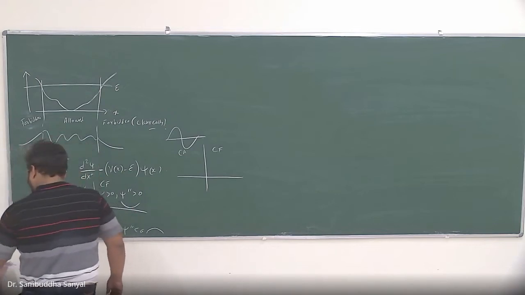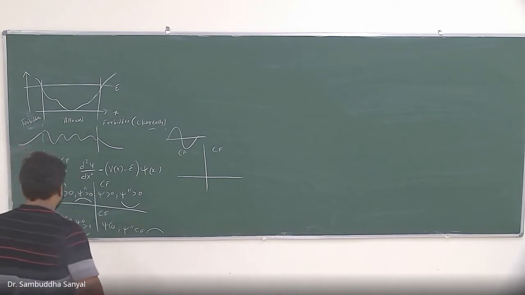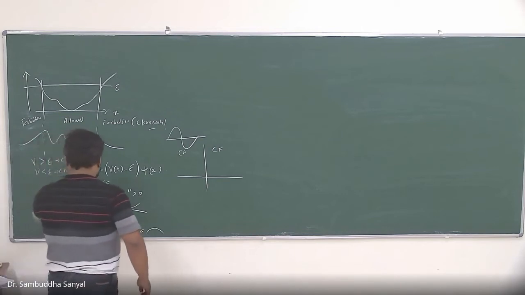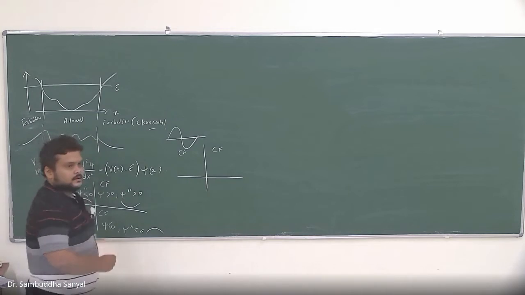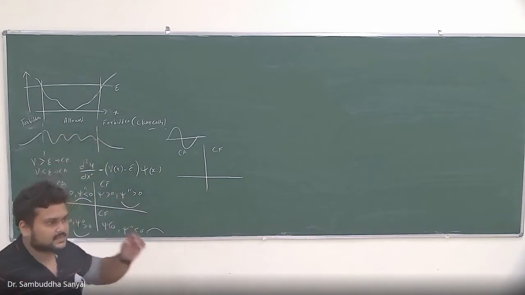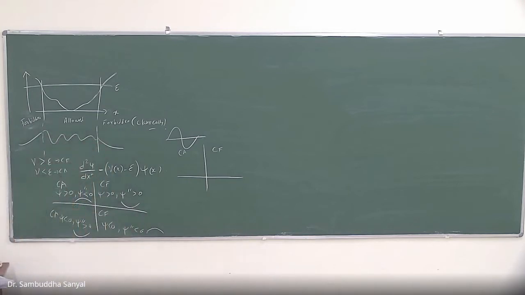So this is greater than 0, this is less than 0. Make sense? If the double derivative is greater than 0, it means the function has a minimum, then curvature has to be like this, right?